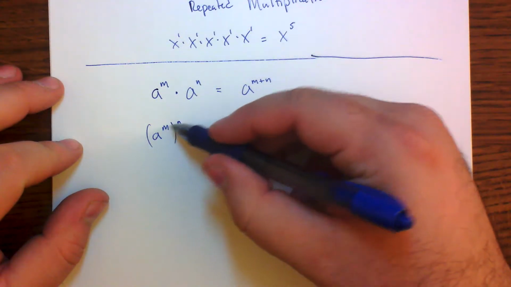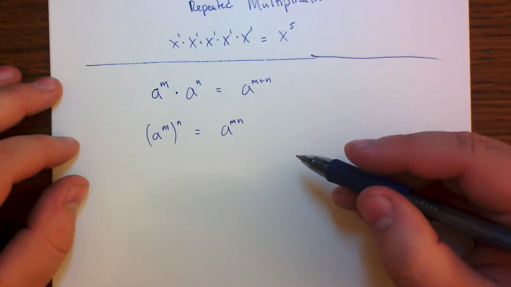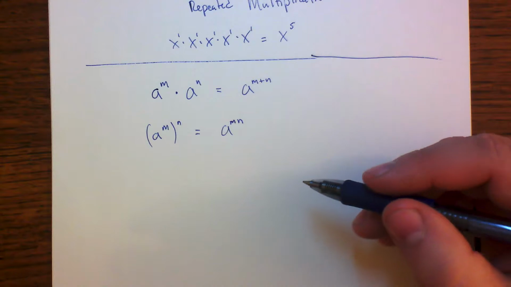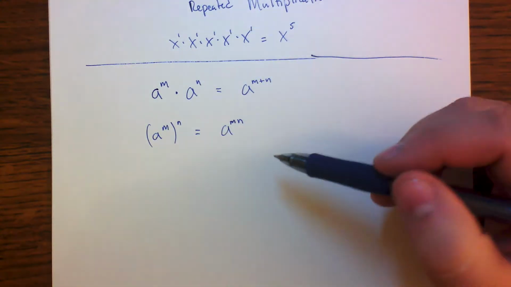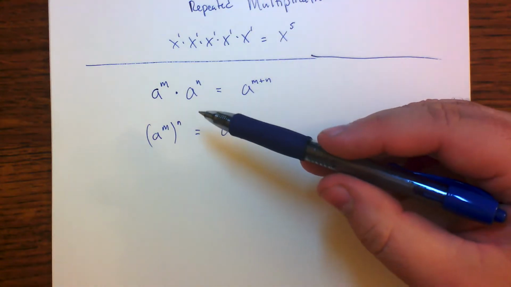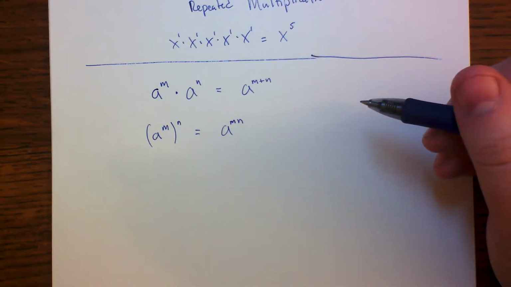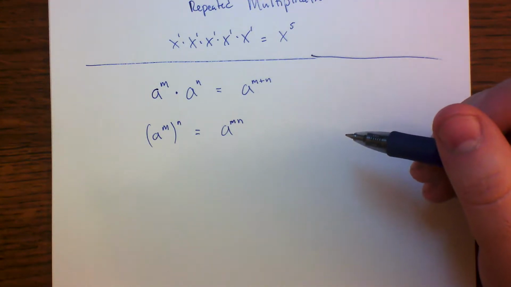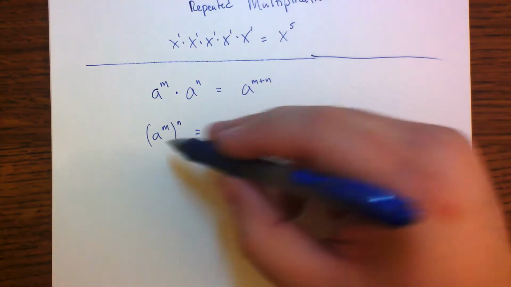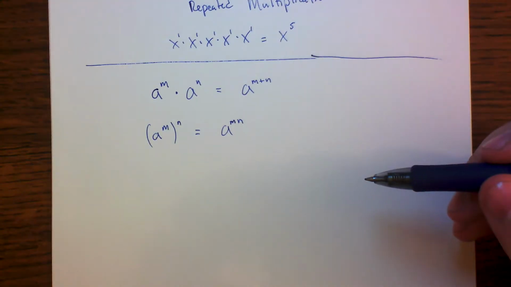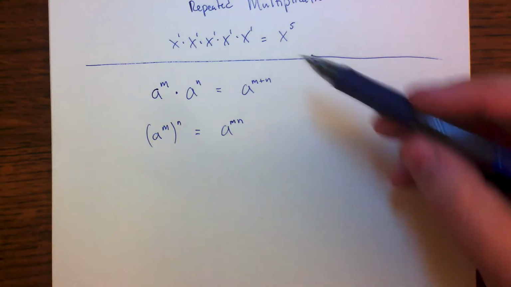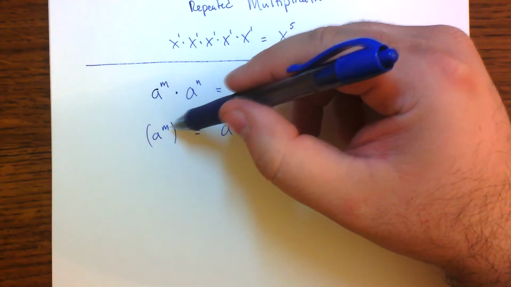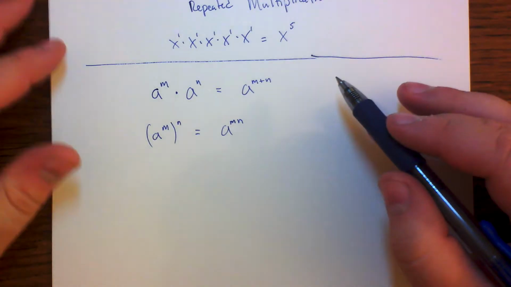That's an important rule to remember, because you see this a lot if you have parentheses and some big long expression, and you need to distribute that exponent to each piece inside of the parentheses. It's good to remember that the exponents will multiply in that case.